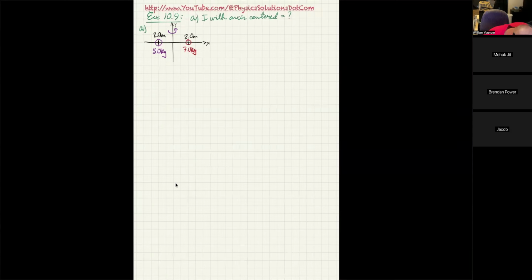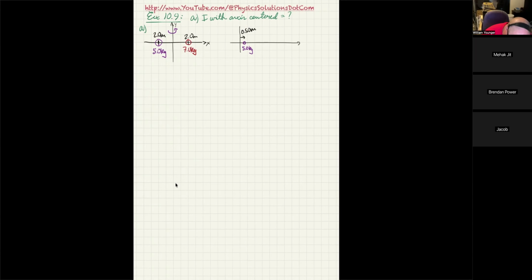And then for part B, we're going to say, okay, now I have the 5 kilogram mass, and this distance right here is 0.50 meters.